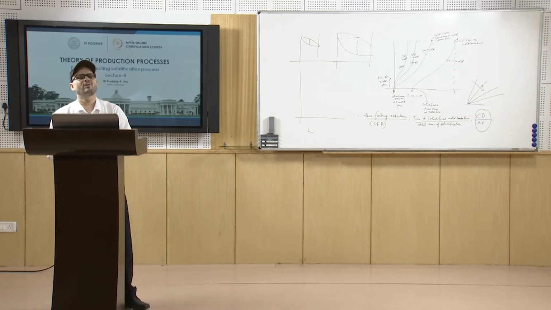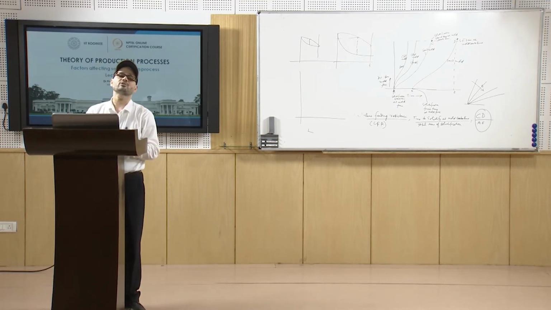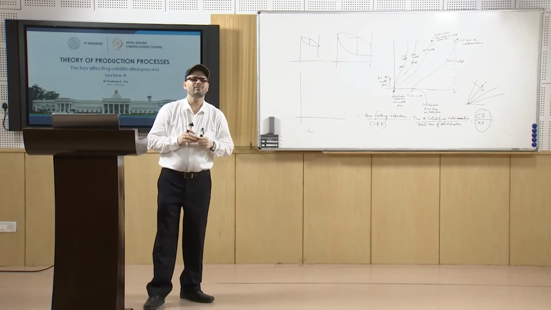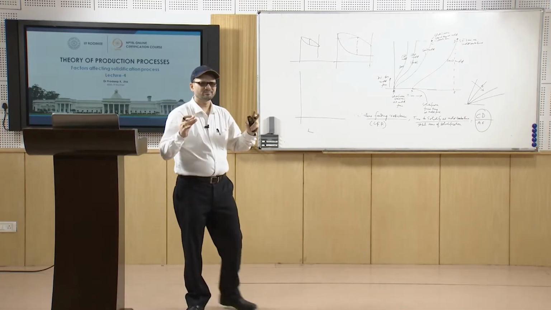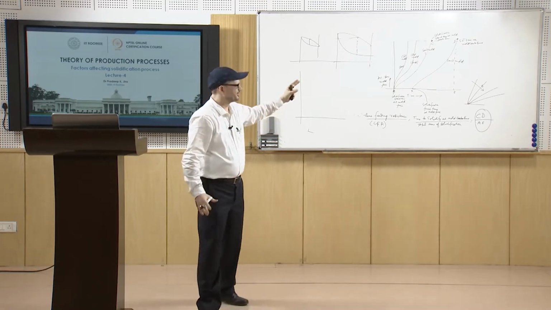Temperature level of solidification. So, how does this temperature level of solidification change things? A low temperature level of solidification will reduce the temperature gradient, and that will increase the separation between the lines.